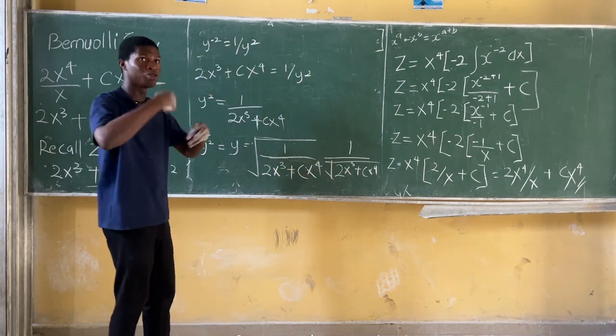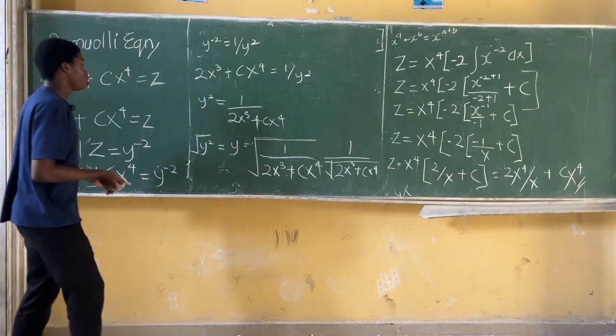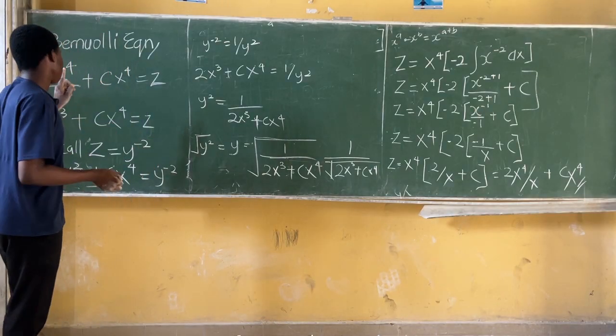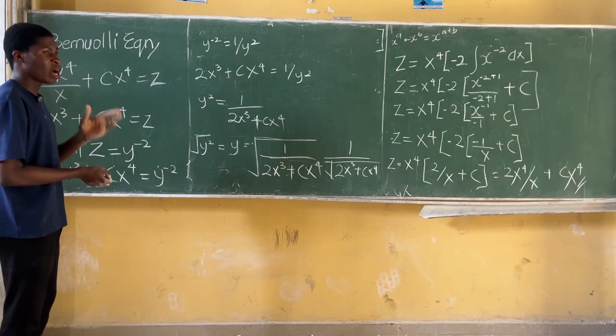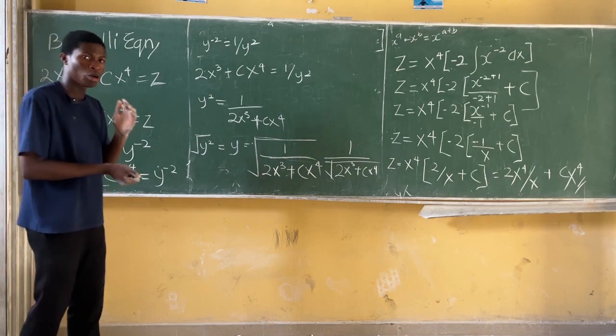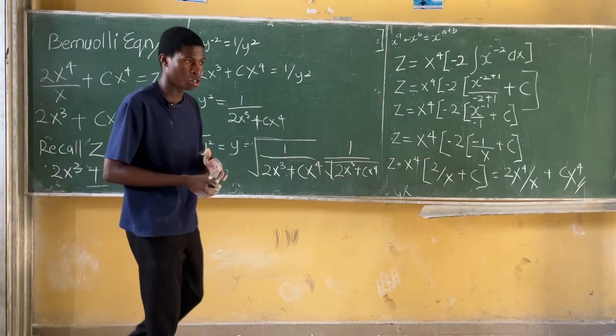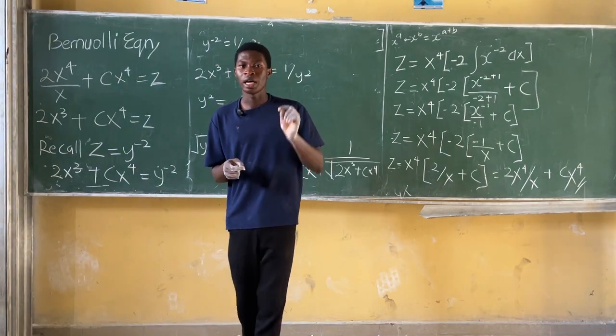Let's take a recap of the whole equation, whereby we substituted z equals y raised to the power minus 2 into the equation, found dz over dx, and we should also know that there is an implicit differentiation whereby we need to add our dy over dx.